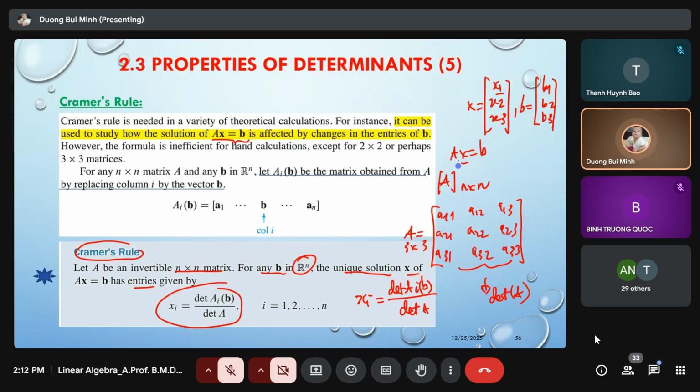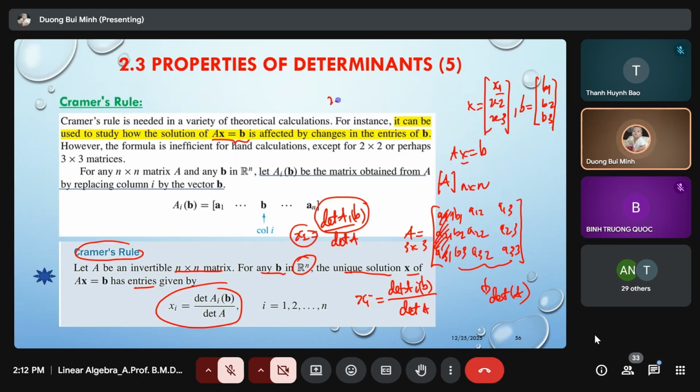To calculate x1, we have the determinant of A1(b) over the determinant of A. A1(b) means we take the first column out and replace it by b1, b2, b3. Then we take this ratio and you get x1.